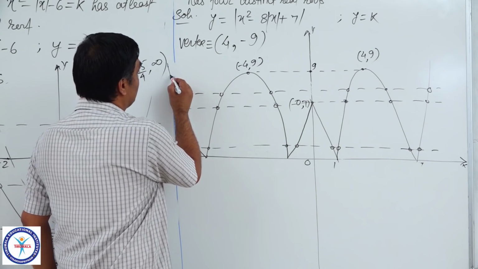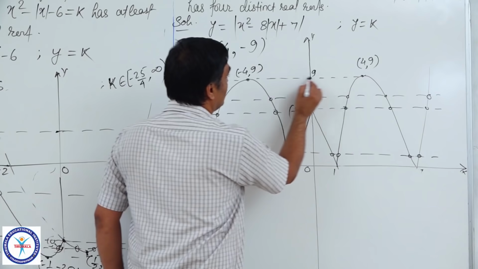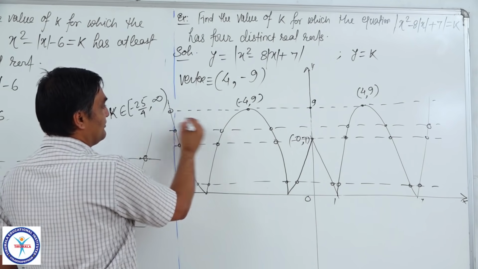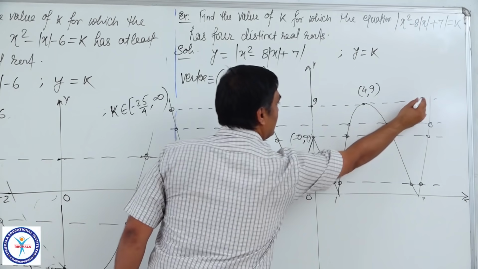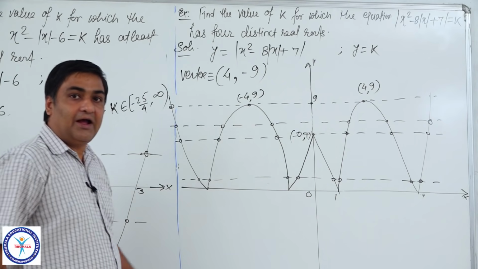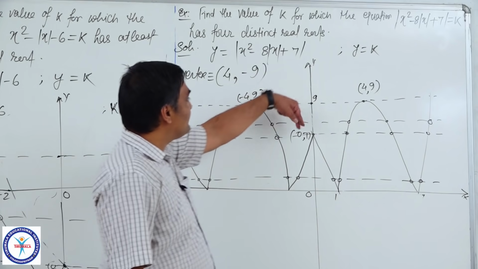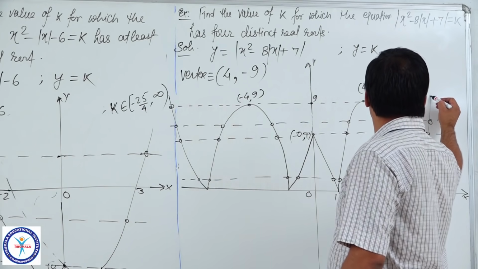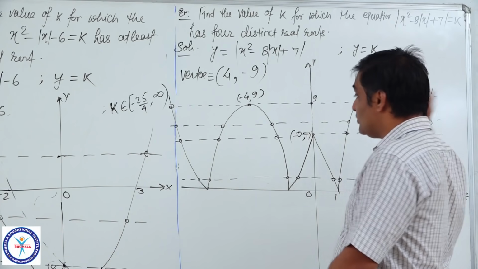So what do we think of when k is equal to 9? 1 point, 2 point, 3 point, 4 point. And what if k is greater than 9? There will be only 2 points, 2 roots.